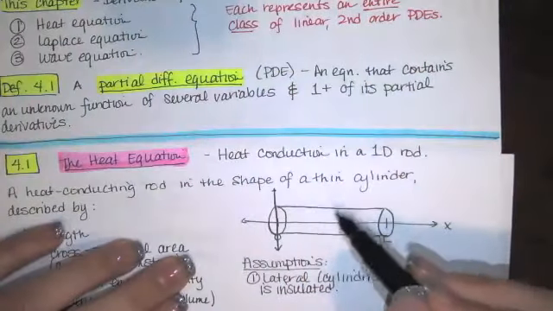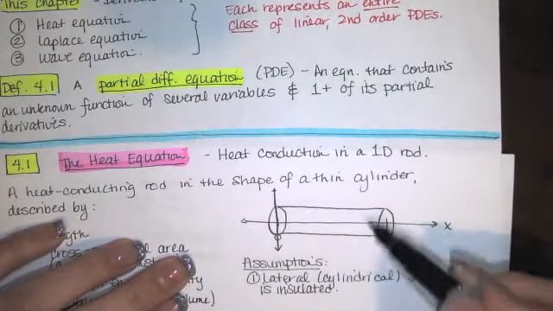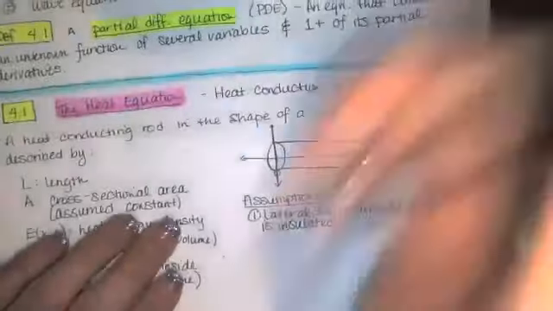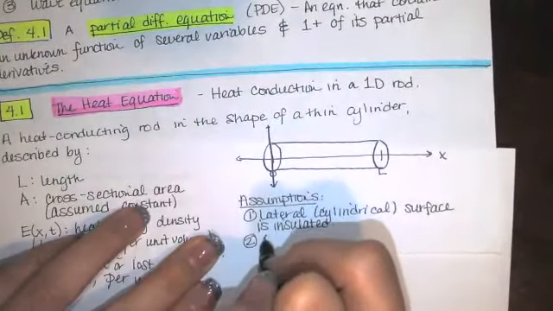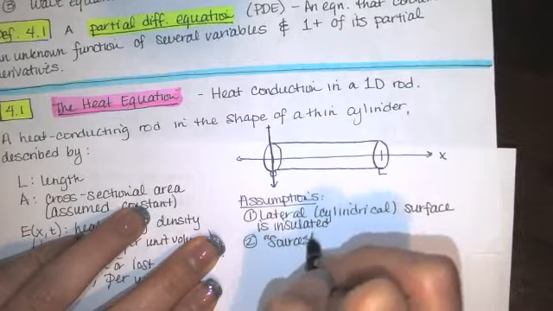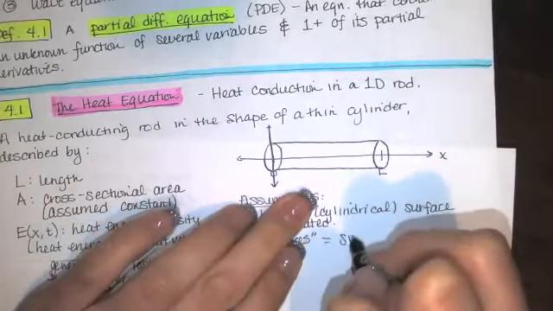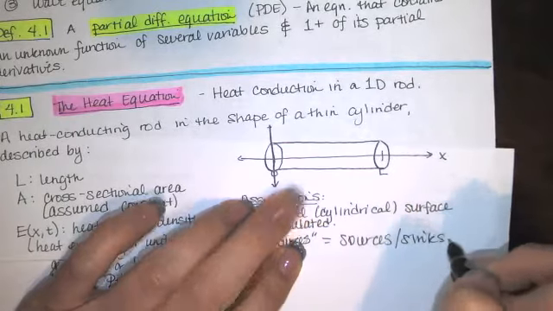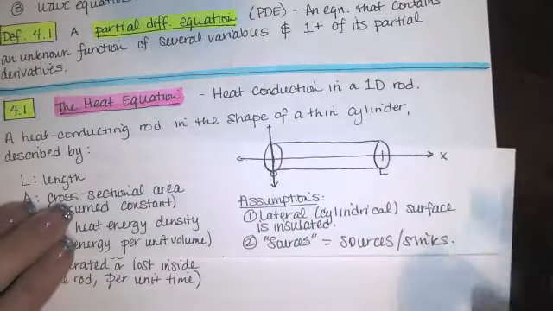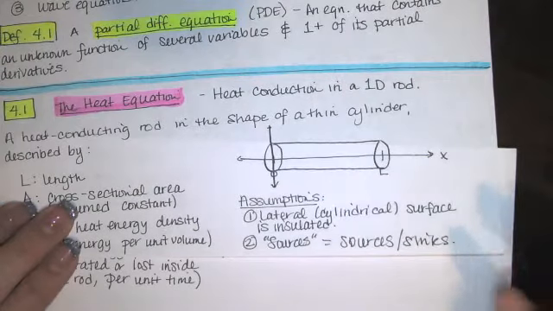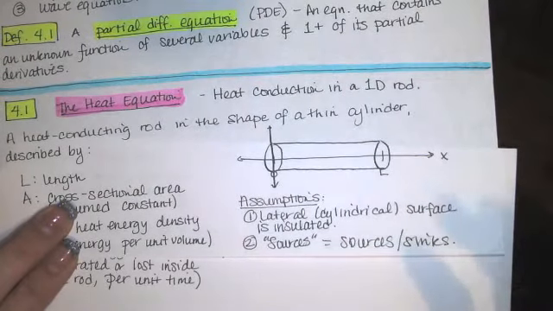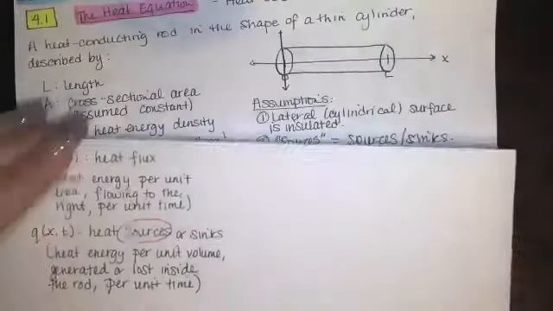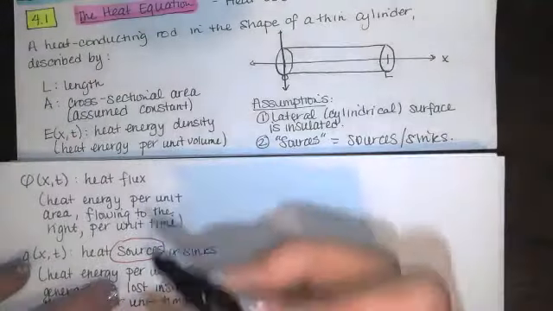So you're not losing any heat or gaining any heat across this boundary that goes around the outside. And again, just as I mentioned a second ago, sources will be taken to mean either sources or sinks. Either one is fine. Now, when we come up with the partial differential equation, it will be derived based on the law of conservation of heat and energy. That is our last and probably most important assumption.